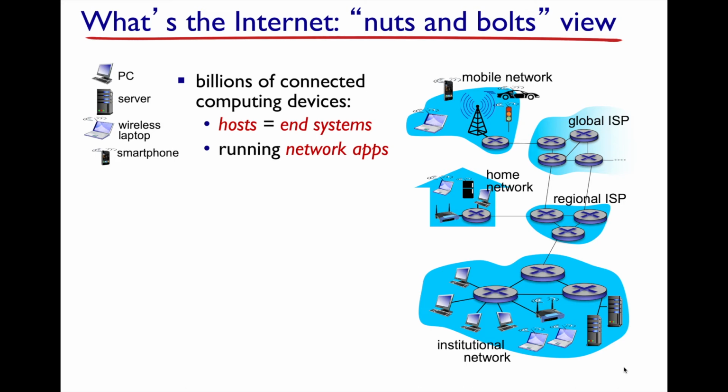So for example, when you hold down your iPhone button and run Siri, and you say, Siri, get me XYZ or tell me XYZ, Siri exists a little bit in your phone, but also in a data center, running on another end system in one of Apple's data centers, right? When you run Google Maps, part of that application is running on your cell phone or tablet, and the other part is running on some host in one of Google's data centers.